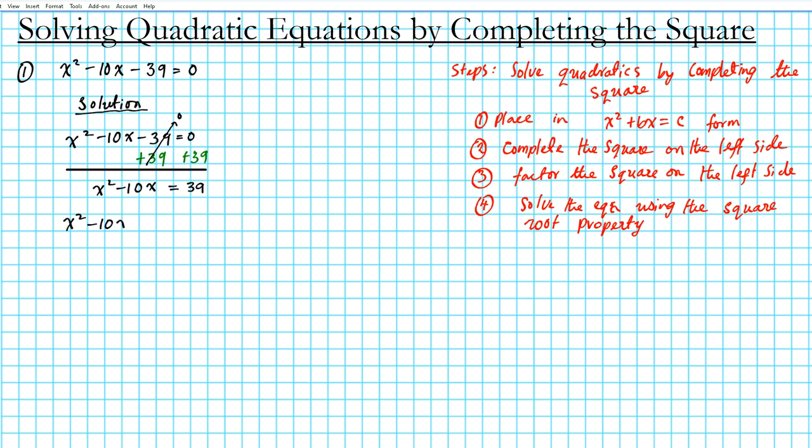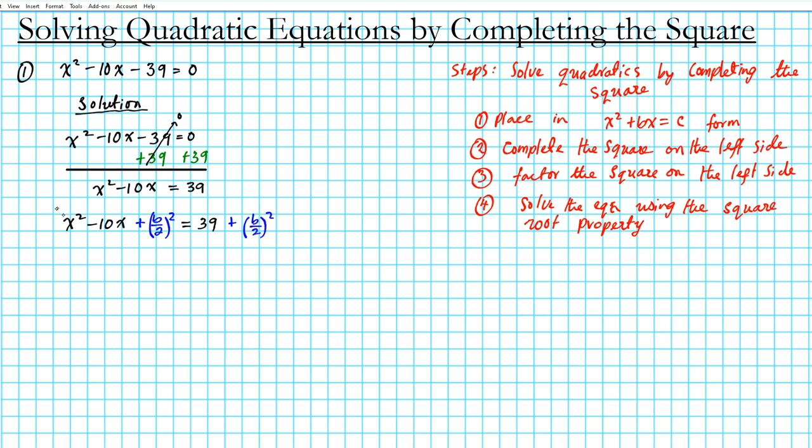Well, that number is what we determine if we evaluate b over 2 squared. All right, so when we add b over 2 squared to the left side, we'll have a perfect square trinomial. If we want to preserve equality of this equation, what we do to the left, we'll do the same to the right, b over 2 squared.